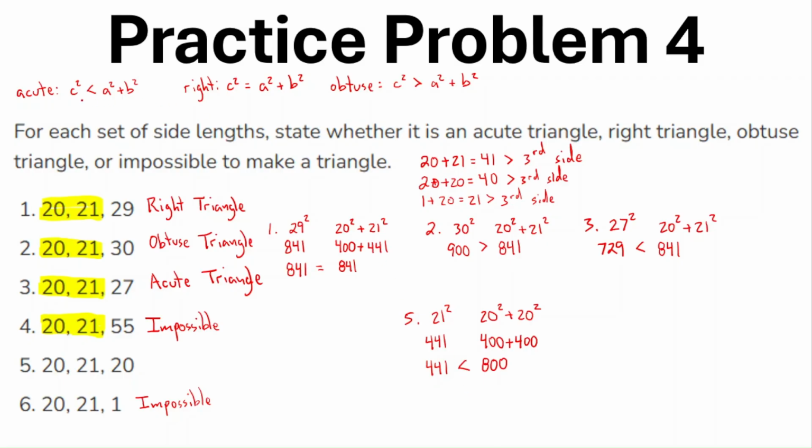So again, since c squared is less than a squared plus b squared, this will be an acute triangle.